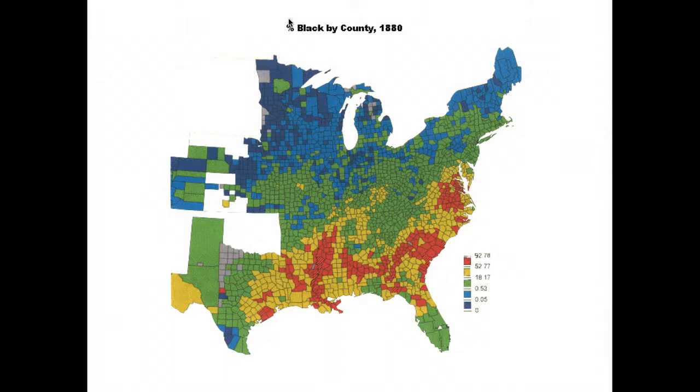In places where African Americans are less than 30% of the population, places like much of North Carolina, Virginia, Tennessee, there are somewhat paradoxical responses to the end of federal protection.